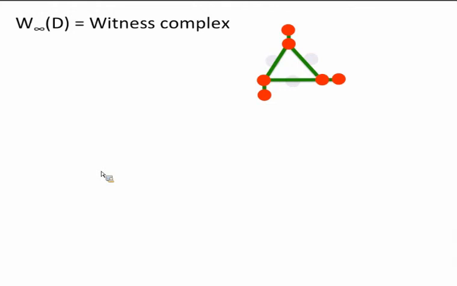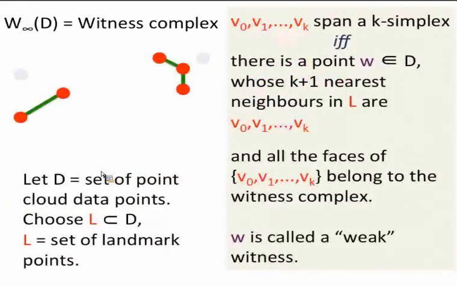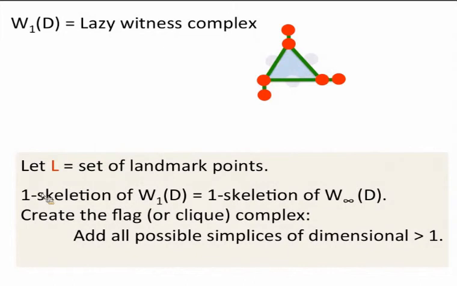But for computational speed, what are we interested in? For computational speed, we are interested in throwing in everything, and so we might be interested in the lazy witness complex. And so we've got the lazy witness complex. Any questions about that? Okay. Let me go back up to the definition of the weak witness. So our lazy witness is just our flag or clique complex.